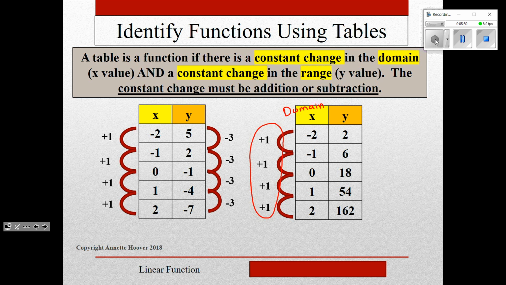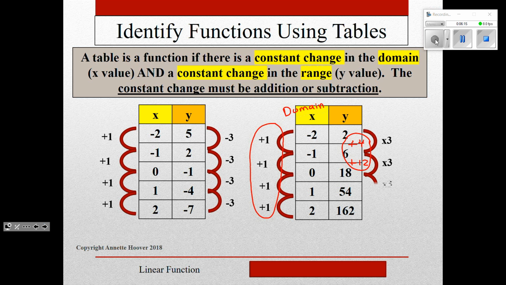Now let's look at the range, or the y values, and see if we have a constant change. From 2 to 6, we're multiplying times 3. You could say plus 4. You could say, oh, but I'm adding 4 right here. Let's check the next one. 6 to 18 would be adding 12. So right here we see that there's not a constant change in the addition or subtraction.